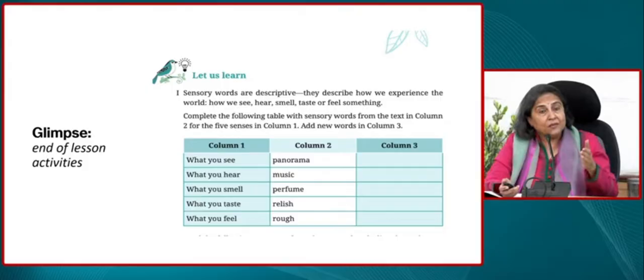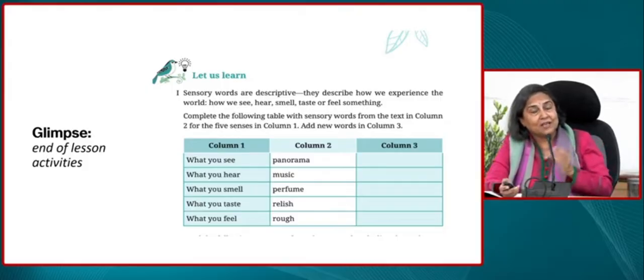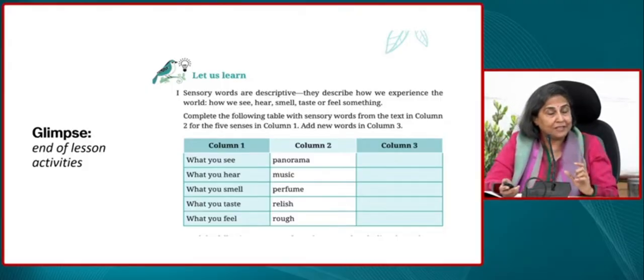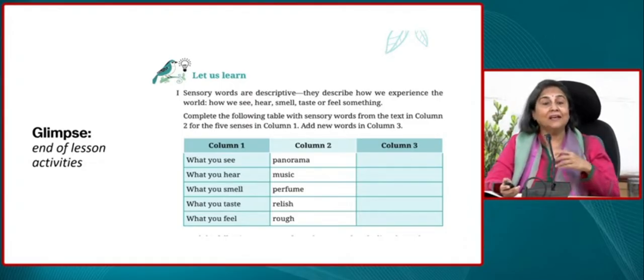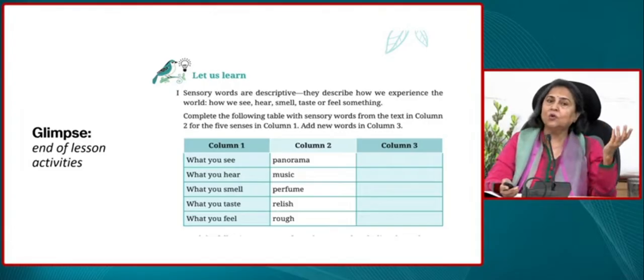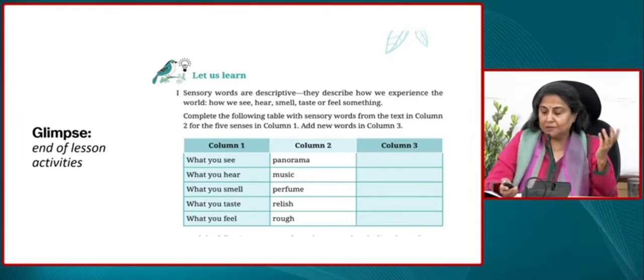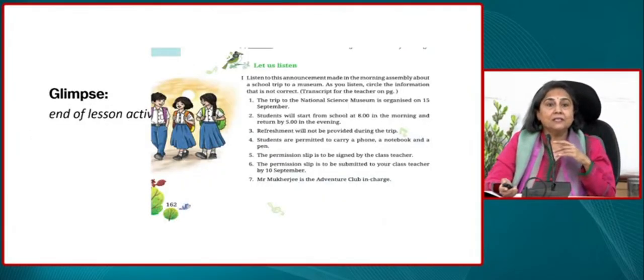So therefore, we are taking them beyond the text. After we take examples from the text, we give them activities which will take them beyond the text, and then they will use them in their context, keeping their experiences in view, or they can always refer back to the text. So that is let us learn.